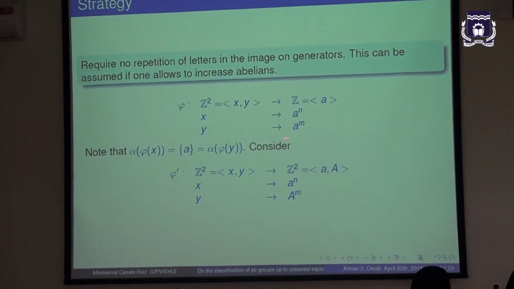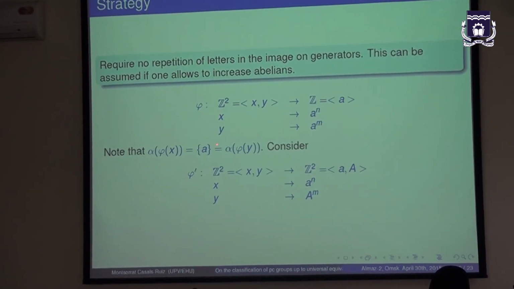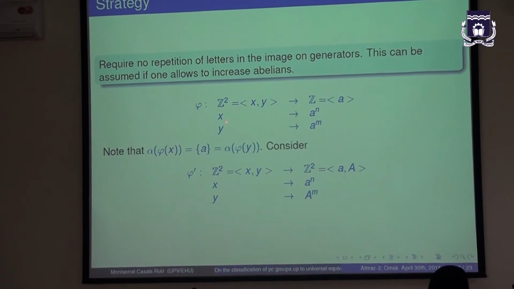At some point, when I had a map, look at this map. I don't have notation, but x is sent to a to the n, y is sent to a to the n. The image of generators have a level, in this case, t. And in the proof, I was saying, look, I use universal equivalence, and I showed you that I can make my abelians bigger. And by making my abelians bigger, I can assume that there is no repetition of letters in the image of generators.